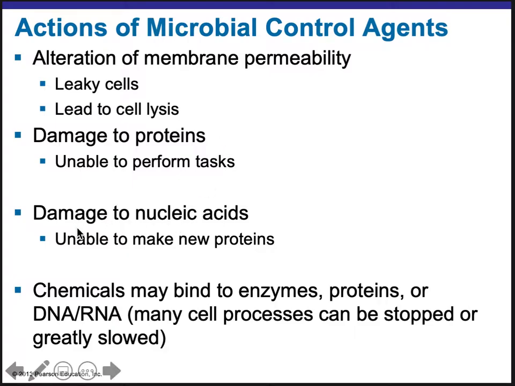And then we haven't really talked a whole lot about damage to nucleic acids. We started to in the last chapter, maybe it was chapter 5, where we started to talk about free radicals. And so oxidizing agents, which a free radical is, are going to cause redox reactions.